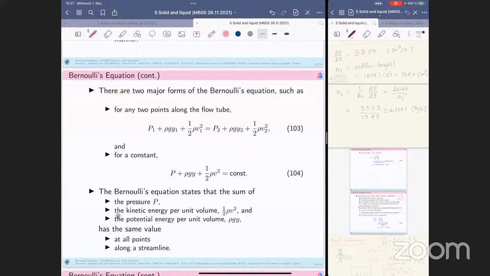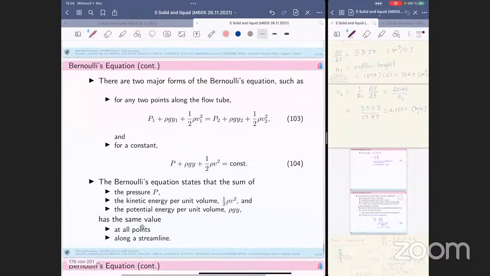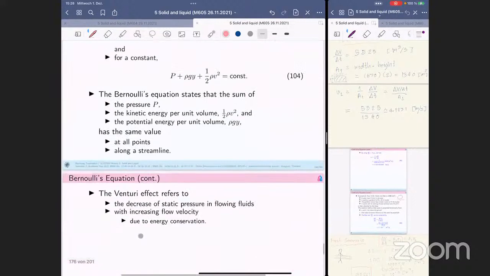The second term is the kinetic energy per unit volume, which is a kind of pressure actually. And the potential energy per unit volume, which is this term, right? The sum has the same value for any location in that streamline, for any points in that streamline.